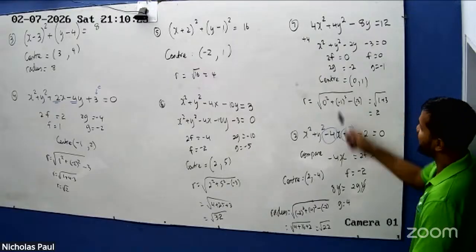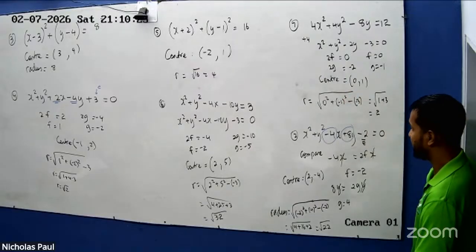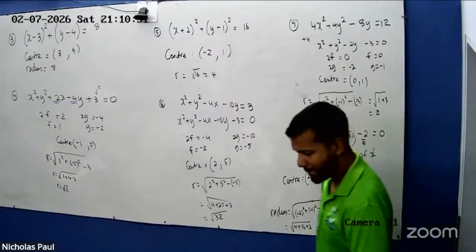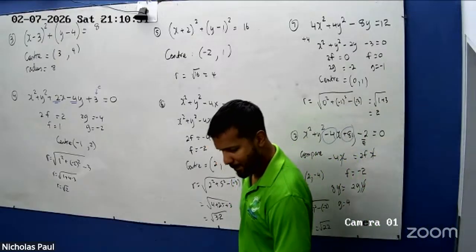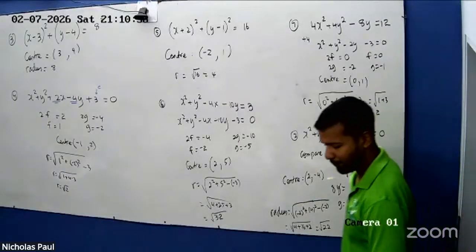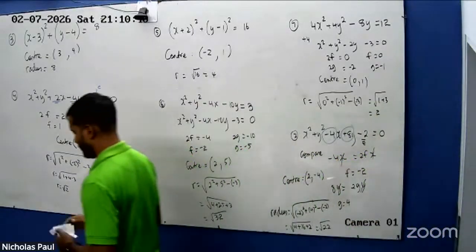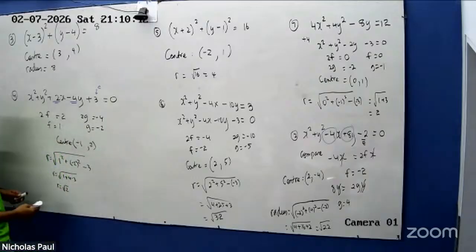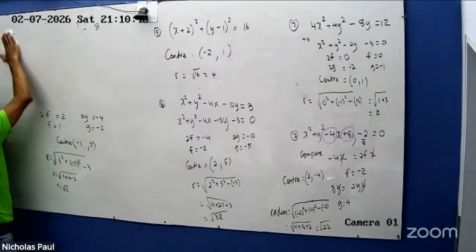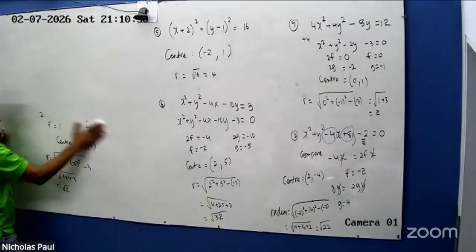And I just write 2g is that. Okay, so that's the way we read off the center and radius. I just want to add one more thing to this.